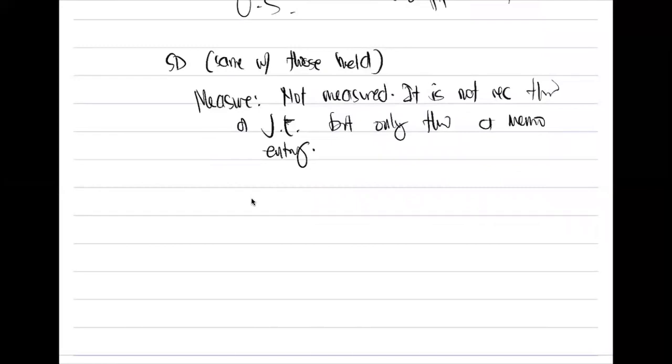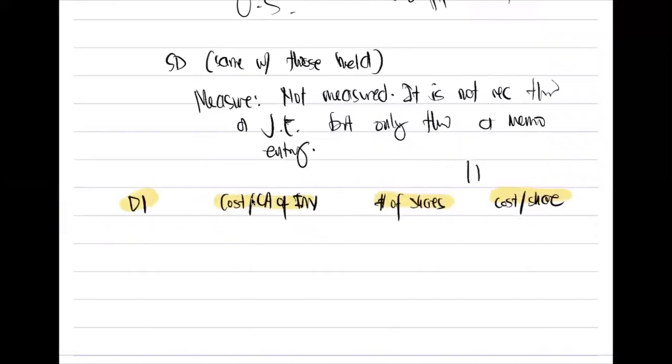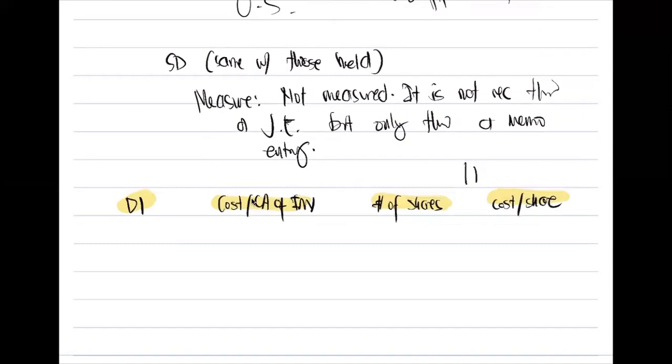Since we will only record it through a memorandum entry, we need again to determine the effect of this type of investment as to the dividend income, the number of shares, and the cost per share.